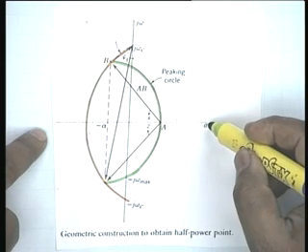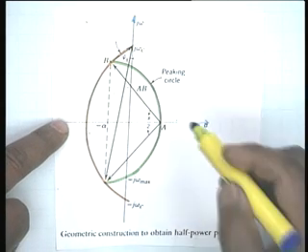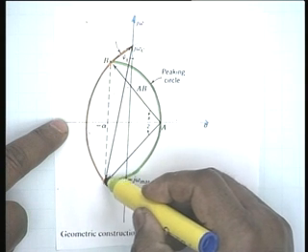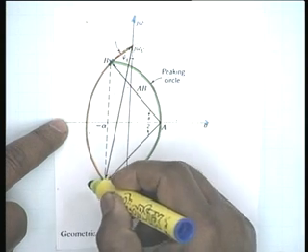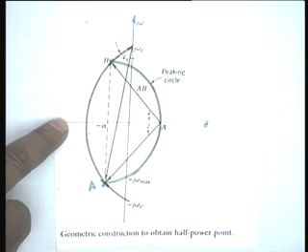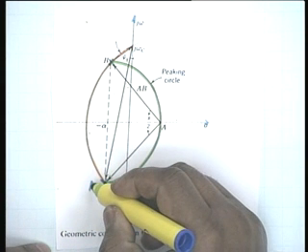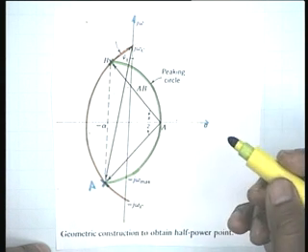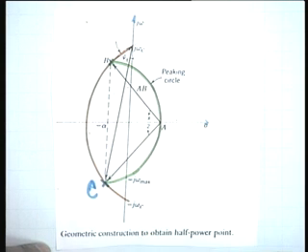You see, this is the sigma axis, this is the j omega axis, and these are the two poles, one is here and the other is here. This point we call as, no, I beg your pardon, A is already marked, so let us call it as C. Or is C also marked?